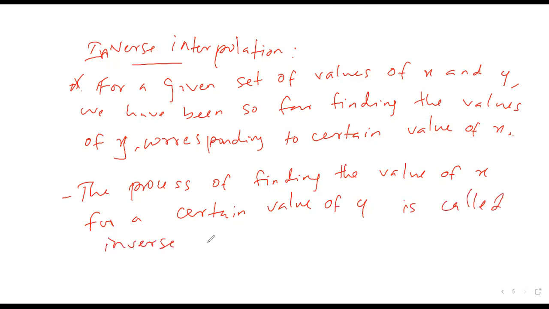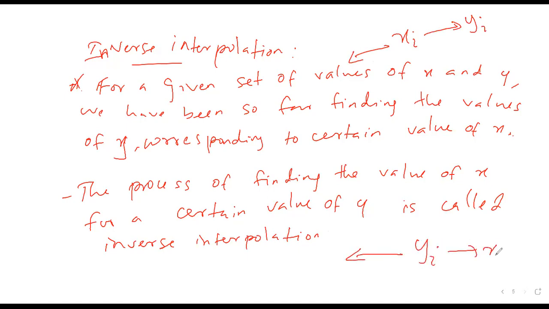So that's what I explained to you here. This is talking about x to y, and this is talking about y to x. You can just simply write it like this.